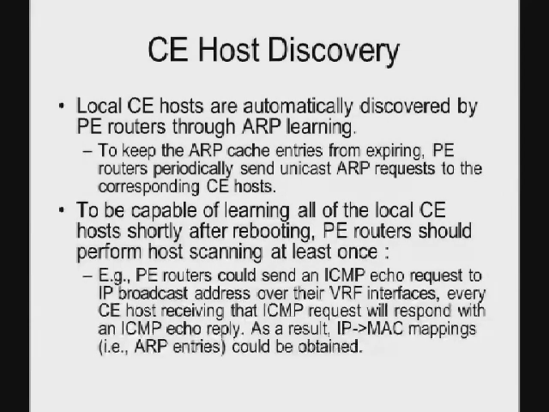Every C host receiving that request will respond with an ARP reply containing its IP to MAC mapping. In this way, the IP to MAC mappings can be learned by P routers.